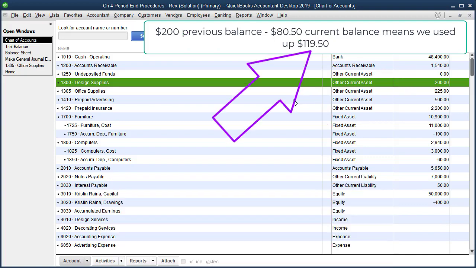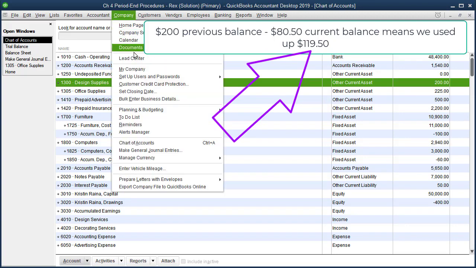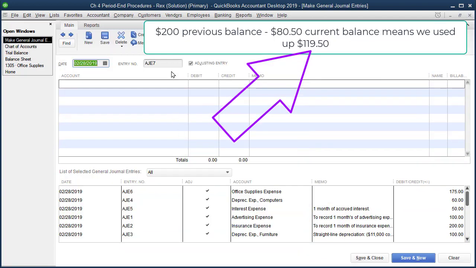So we need to open up our Make General Journal Entries window. And it's AJE7. Notice we're on the right date. And we just calculated that the difference was 119.5.